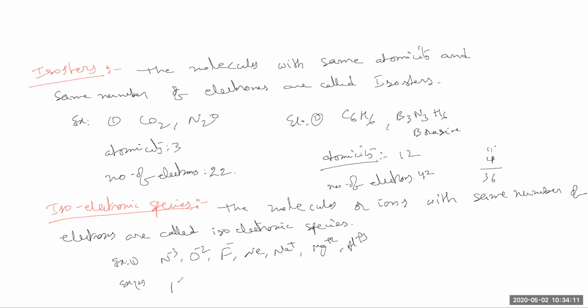Next, P-3, S-2, Cl-, argon, potassium plus, calcium +2, scandium +3. These all have the same number of electrons, 18. Okay.